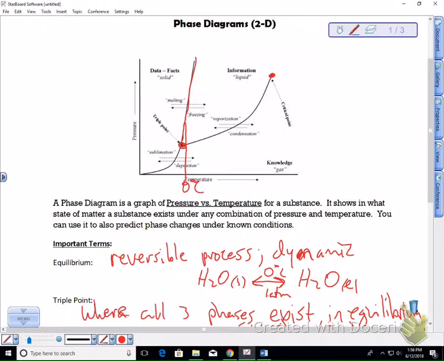Well, if it melts at 0 degrees Celsius, that's because there's a definite pressure at which that happens. It's atmospheric pressure. If I raise the pressure up to, let's say, 10 atmospheres, I don't know what the actual pressure is, but we can see this line is sloped so that you actually would get a higher melting temperature if you raise the pressure.